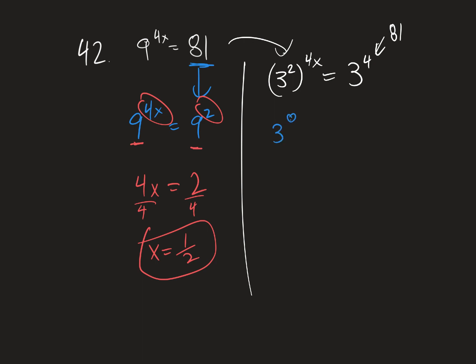So 3 to the 8x equals 3 to the 4th, and so 8x equals 4, and x equals 1/2. So look, even if you made it base 3 instead of base 9, you could still do it as long as you can get the two bases to match up. So a lot of what you're going to do is turn a base or both sides into the same base so that we can set the exponents equal to each other.